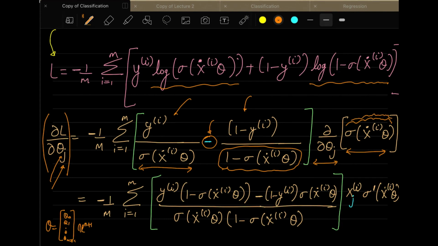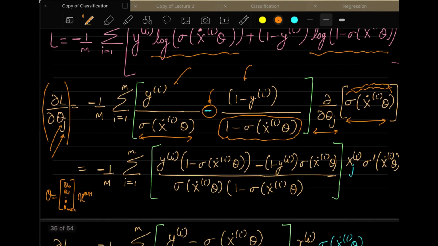If you do further analysis on the middle part, you will get something like this. If you solve it, it is just an adjustment of the terms. Then observe carefully that we are taking a derivative with respect to theta j of x i theta.